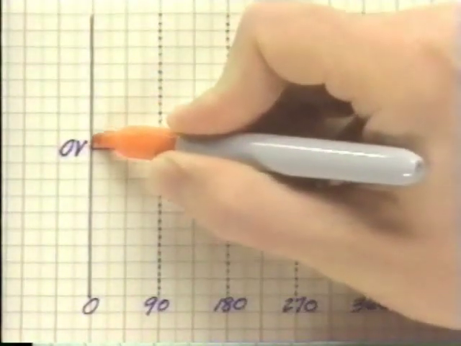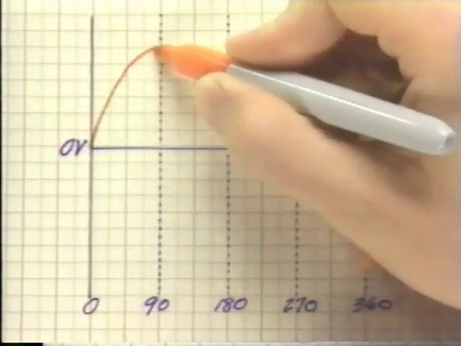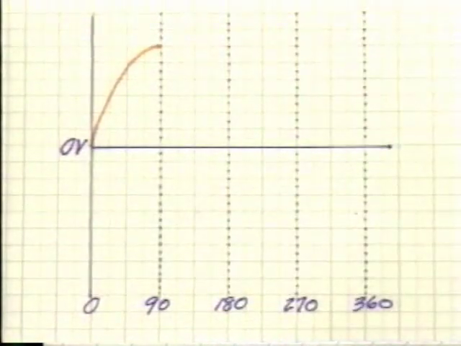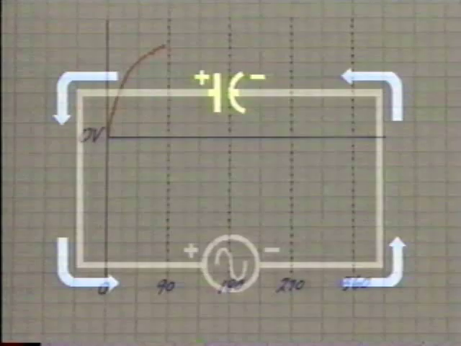During the first quarter cycle, from 0 to 90 degrees, the magnitude of the source voltage is increasing. The capacitor charges to keep the capacitor voltage equal to the source voltage. Charging current flows until the capacitor reaches the peak voltage of 170 volts.